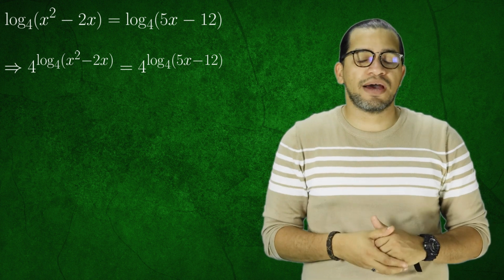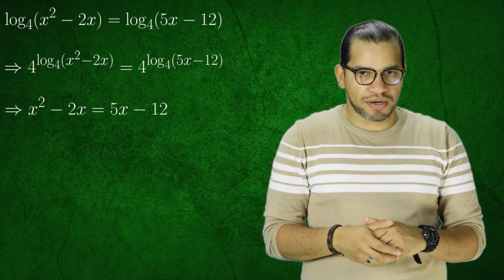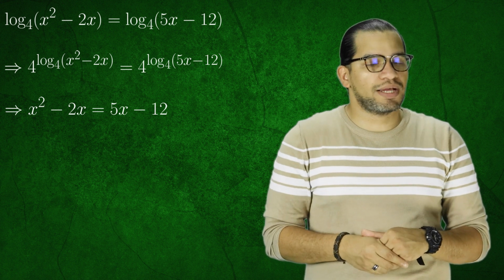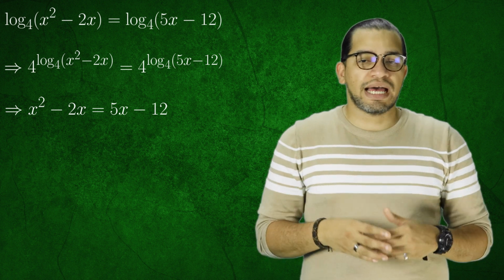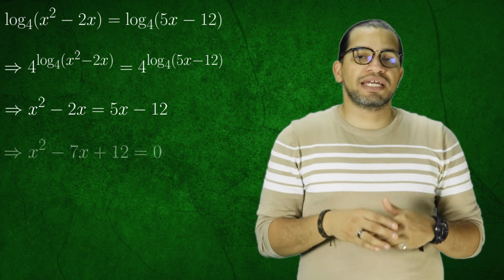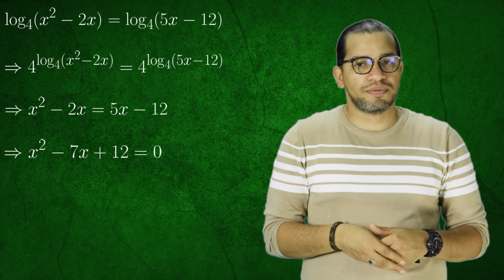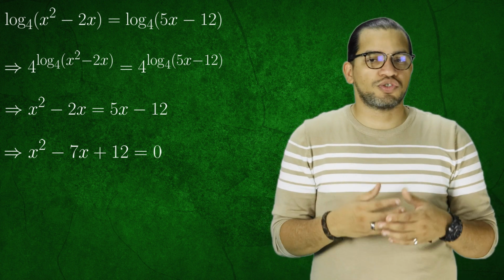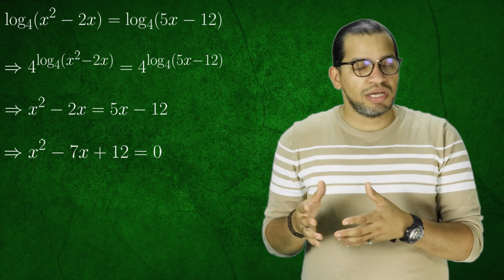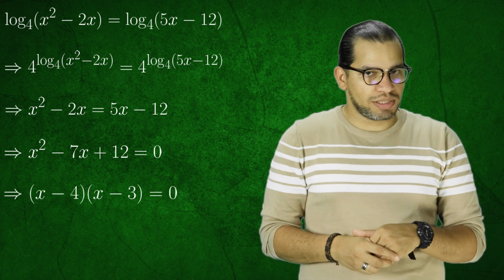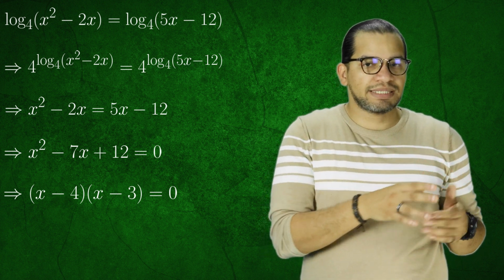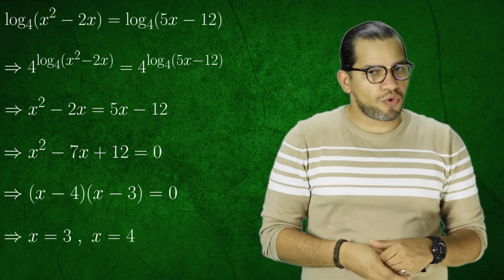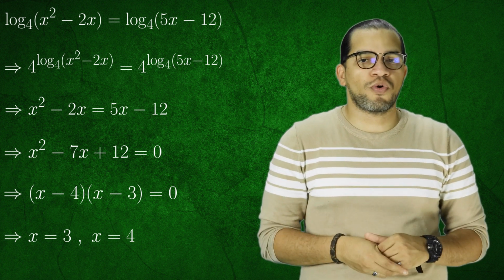Thus, we end up having x squared minus 2x equal to 5x minus 12. Thus, this is actually equivalent to the quadratic equation x squared minus 7x plus 12, which can be factored as x minus 3 times x minus 4 equals 0. Thus, x equals 3 and x equals 4 are the solutions for the logarithmic equation.